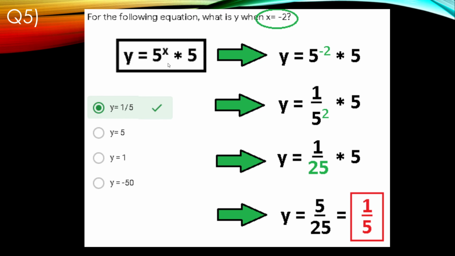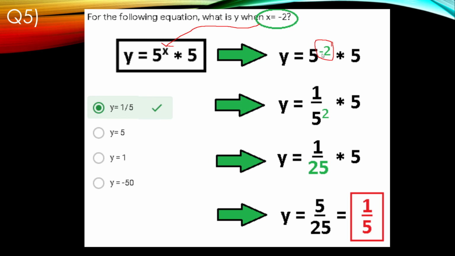We have 5 to the x times 5. And now I threw in a little curveball here. I said, well, what about if x is negative 2? Well, you go ahead and plug it in, and you get 5 to the negative 2 times 5. Whenever you see a negative exponent like that, that should always be raising a red flag for you.